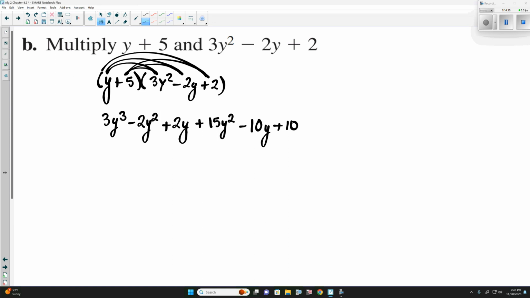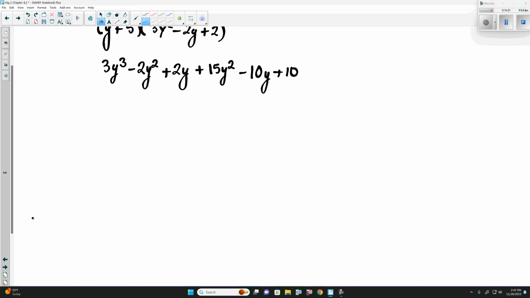Now this one here, are the like terms next to each other? No. But we can either, one, rewrite it so that they are, or we can just go on and combine them. Either way works. If we went on and just combined them, well, 3y cubed doesn't have any like terms, so it is by itself.